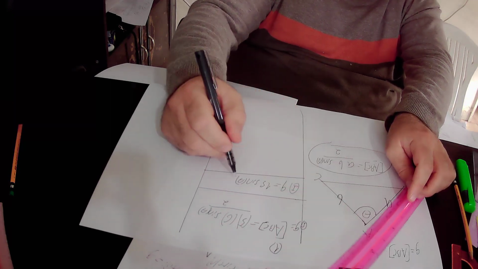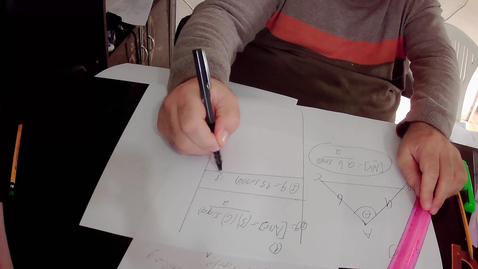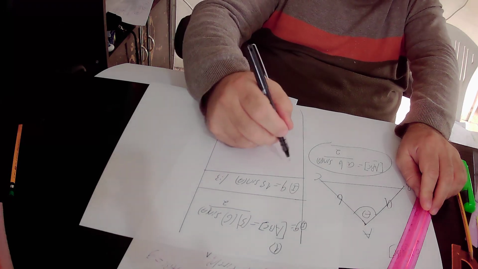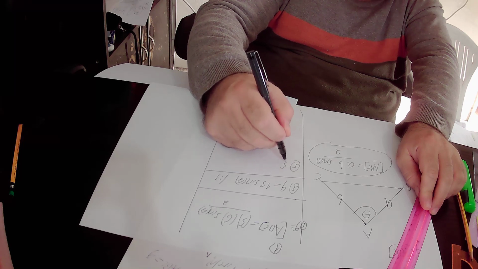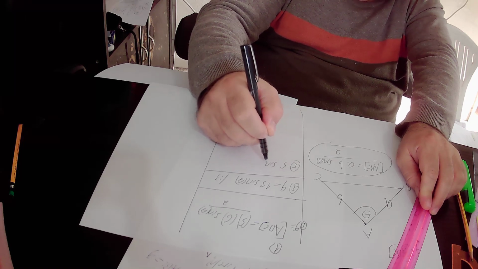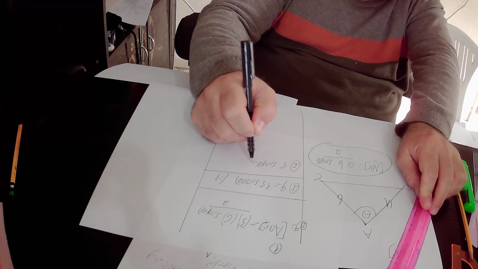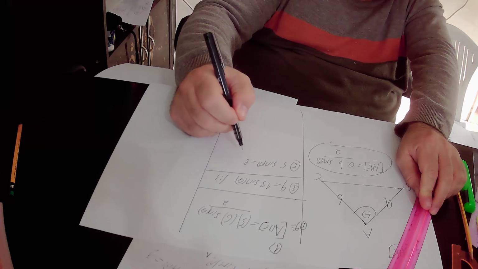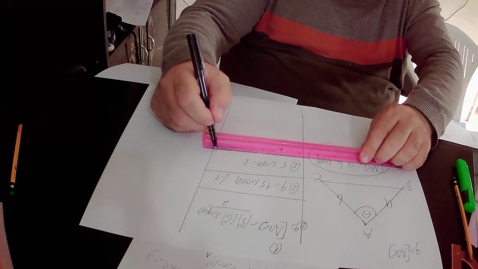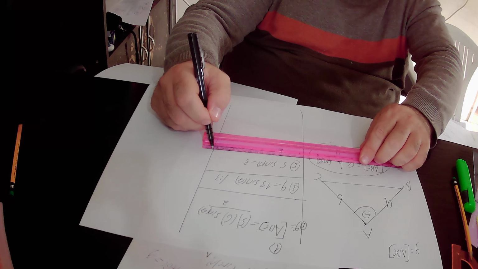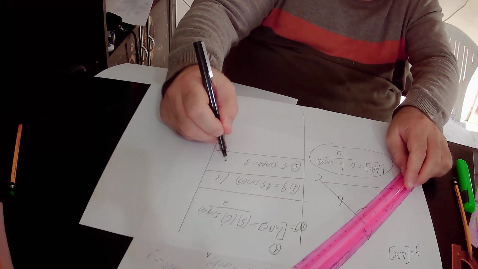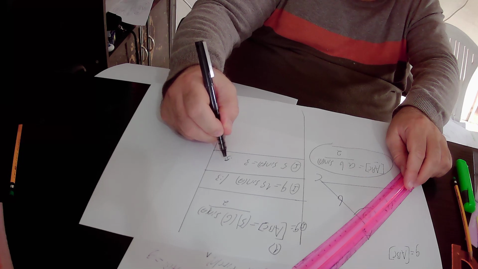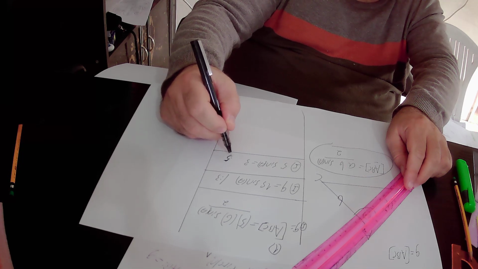Here we divide this equation number 1 by 3, and we get that 15 over 3 is 5, so 5 times sine theta equals 9 over 3, which is 3. So 5 times sine theta equals 3.